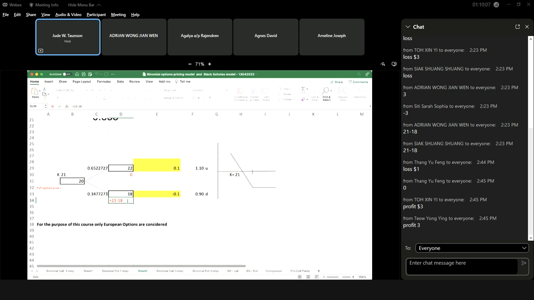Because remember, put is the right to sell. We don't want to sell at 18. We can sell at 21.